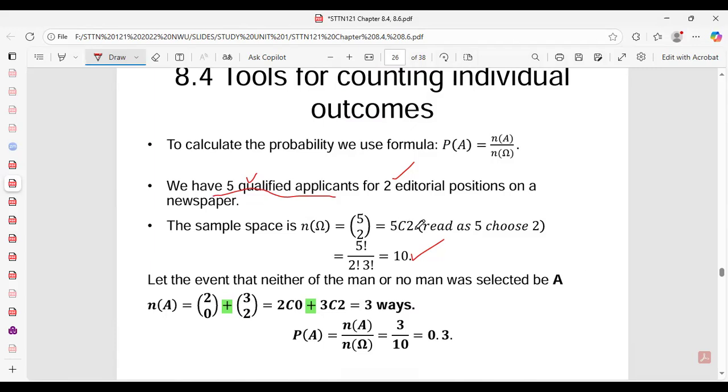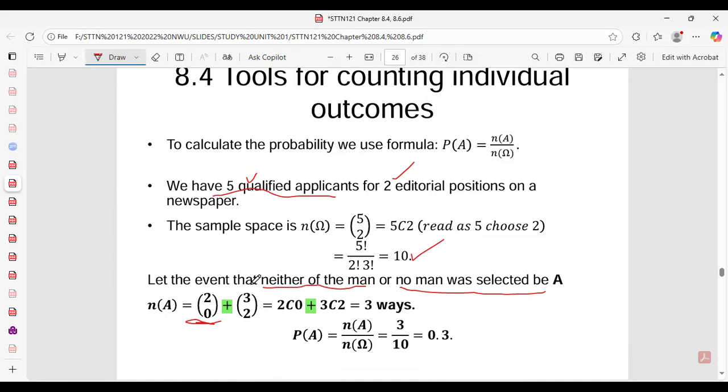Now, they say let the event be that neither of the men, the keyword, always check out the keyword, or no man was selected. Since we have the two editorial positions, they don't select any man, remember. So it's going to be 2 combination 0 times 3 combination 2, where 3 comes from 5 minus 2.